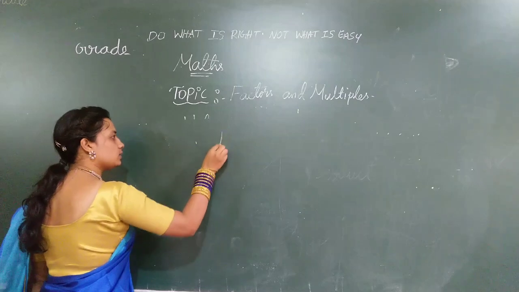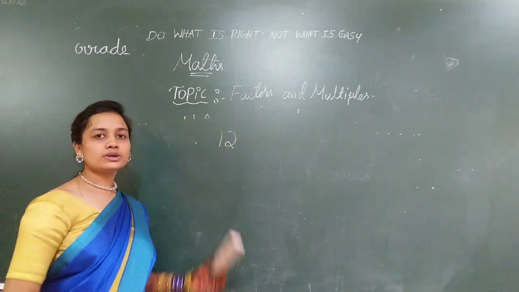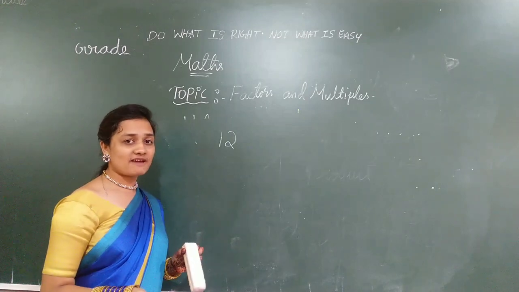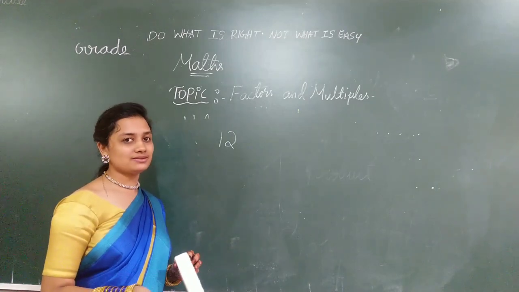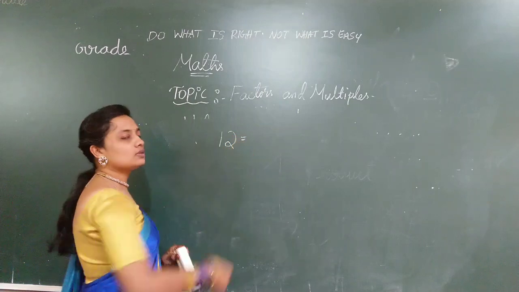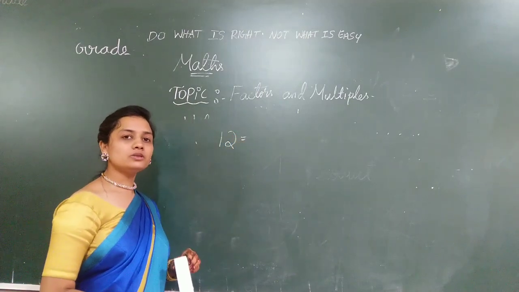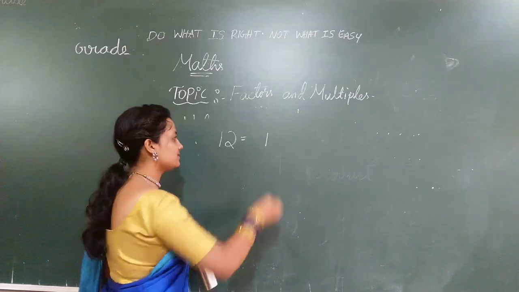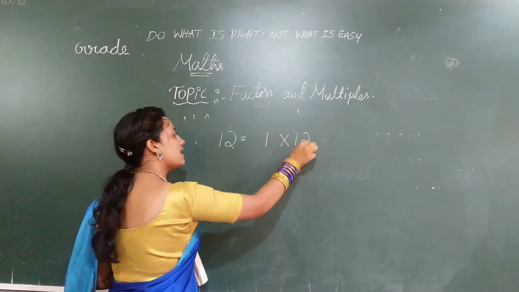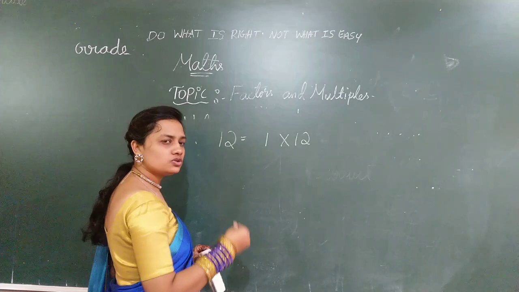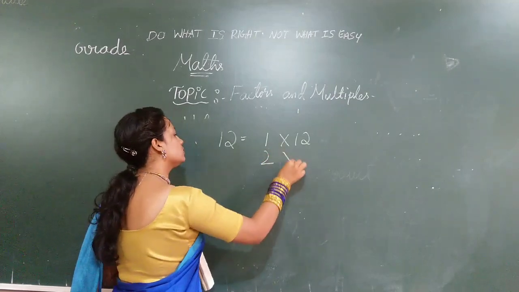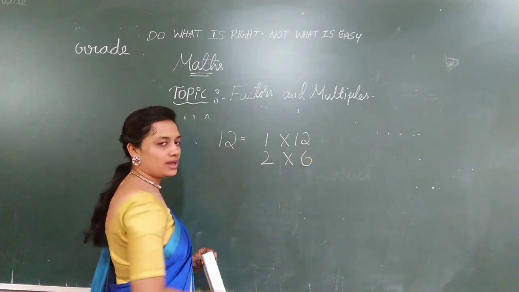So let's take 12. Can you tell what are the factors of it? For finding the factors, you should know the tables, children. So 12 comes in which tables? Does it come in the 1 table? Yes, 1 12 is 12. Next check for 2. Yes, 2 6 is 12.